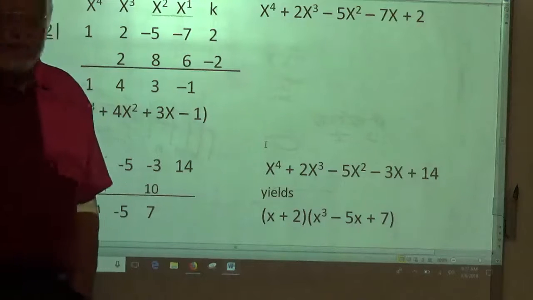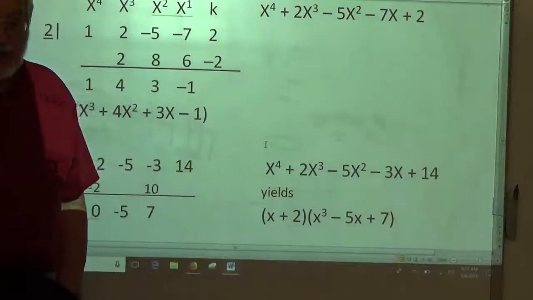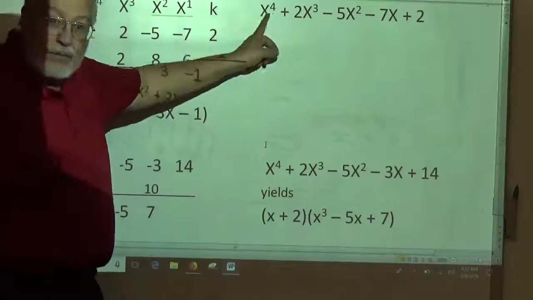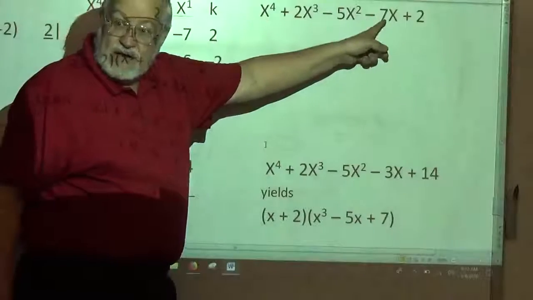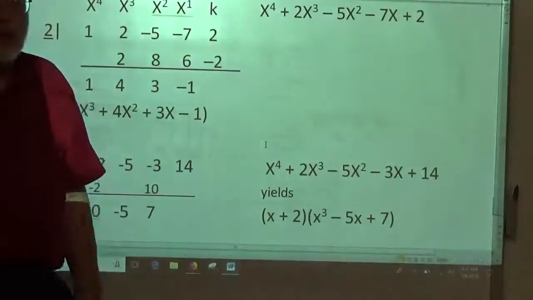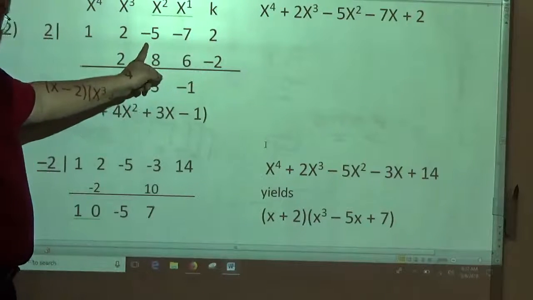Now, the other skill that goes with that is the remainder theorem, because you test by putting a value that you think is possible into this equation, looking for a remainder of 0. Once you get the remainder of 0, then you can use synthetic division.